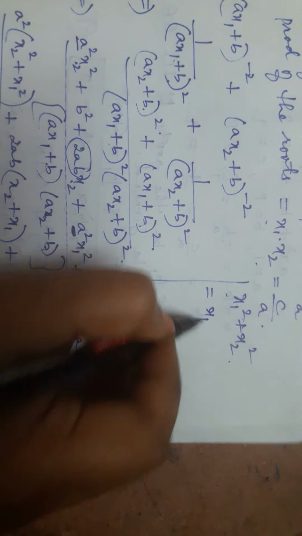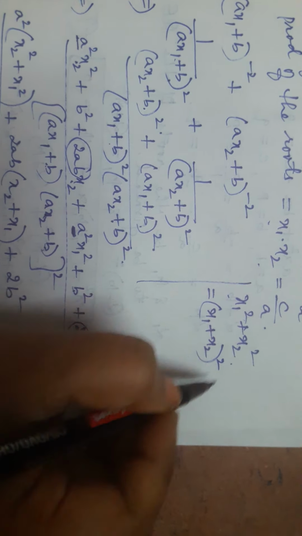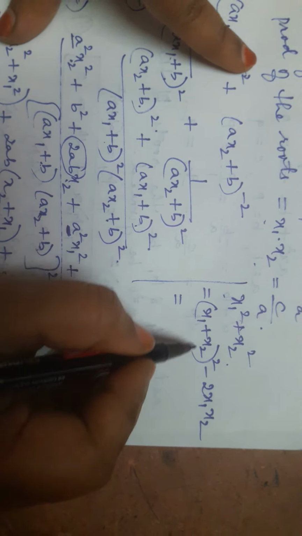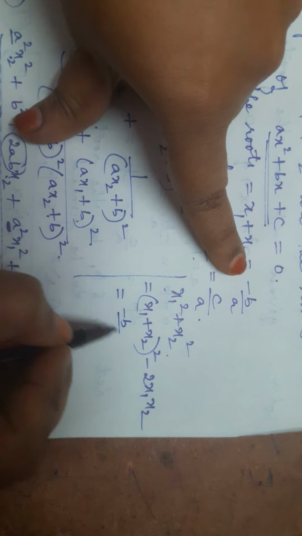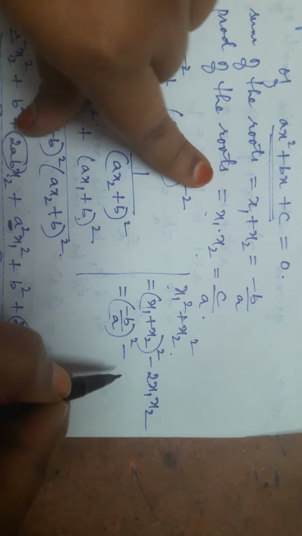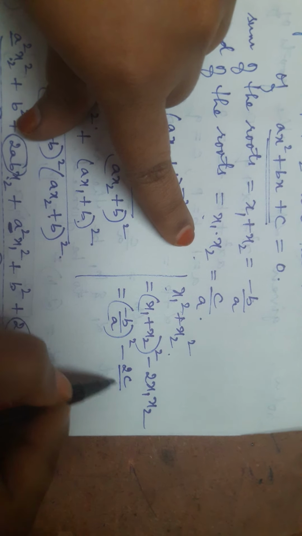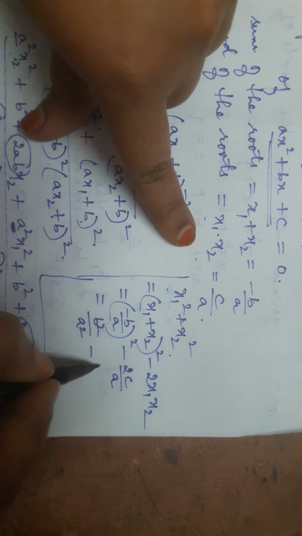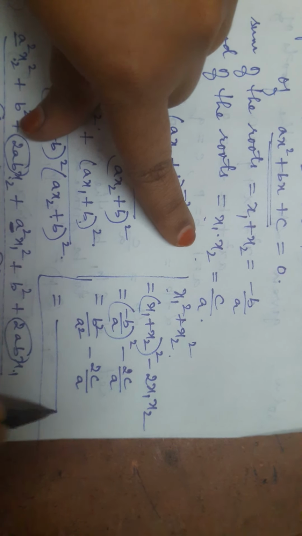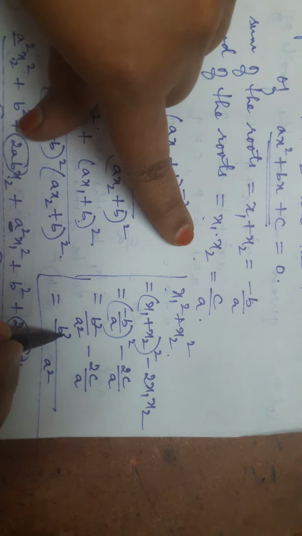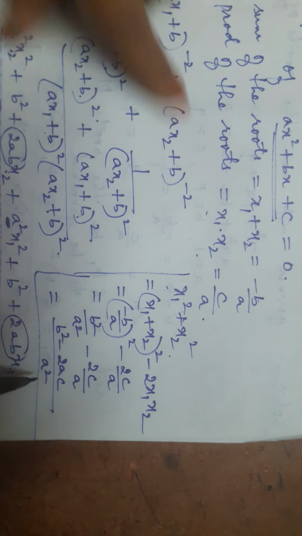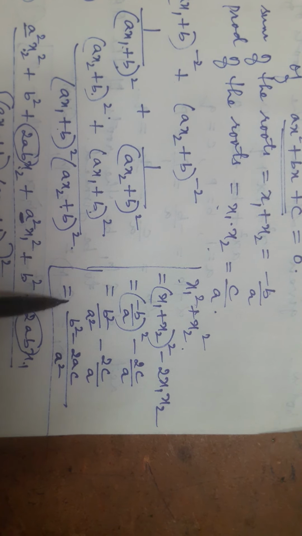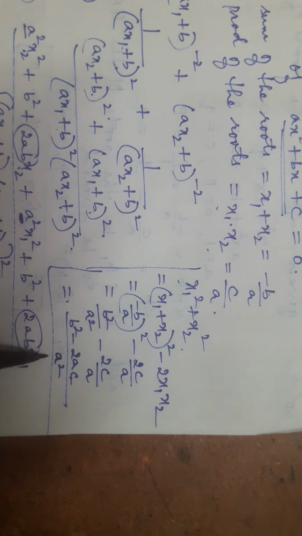So this is equal to (x1 plus x2) whole square minus 2 x1 x2. So (x1 plus x2) whole square is (minus b by a) whole square minus 2 x1 x2, which is 2c by a. So this is equal to b square by a square minus 2c by a, taking LCM a square, so b square minus 2ac by a square. So x1 square plus x2 square equal to (b square minus 2ac) by a square.